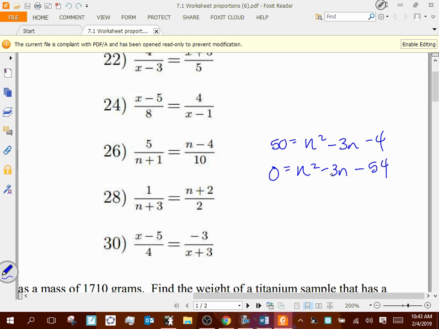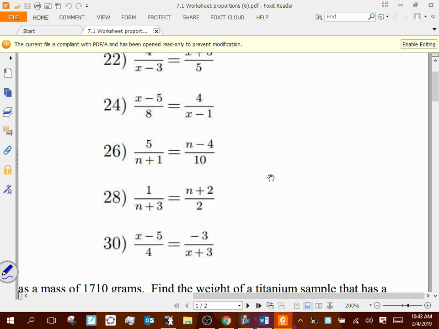Like if it was 30, I wouldn't do that. But if it's small, it's a pretty convenient way of doing that if you can't think of them. So it'll be n, that's going to be negative, so n minus 9, and n plus 6. So then it gives me n to be 9 eventually, and n to be -6.